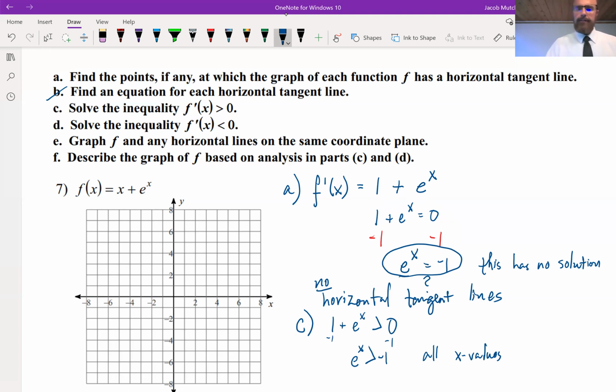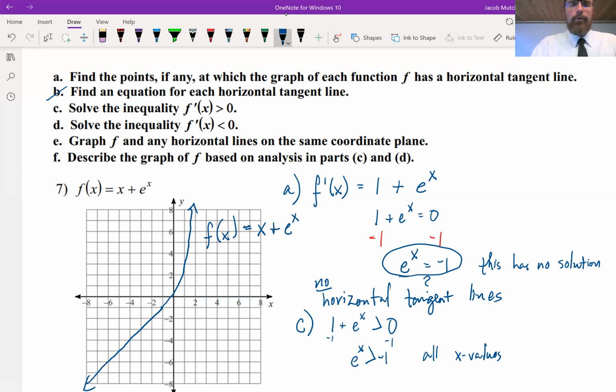We could graph this function. So if I were to just graph it, it starts on the negative side. Basically, the parent function for lines, that's the power of x one. And then as it hits the y-axis, it does attain sort of an exponential part. So that's the original function, x plus e to the power of x.